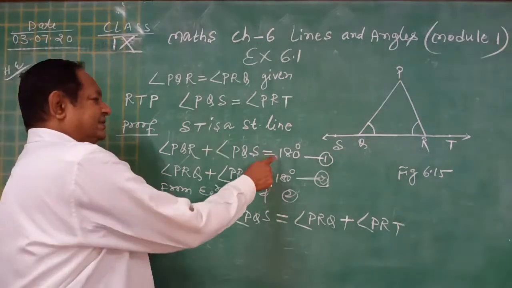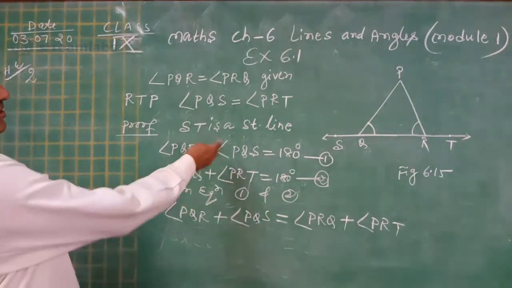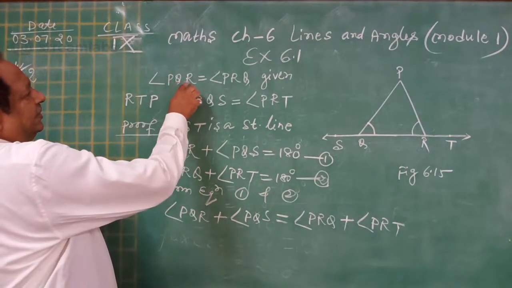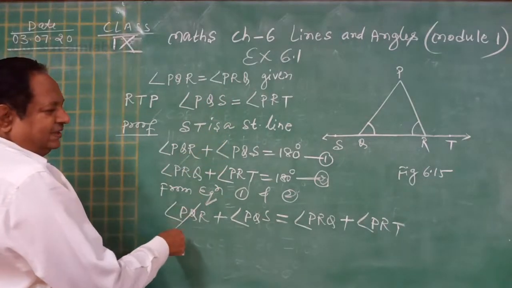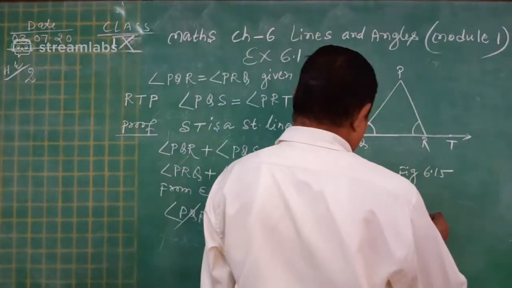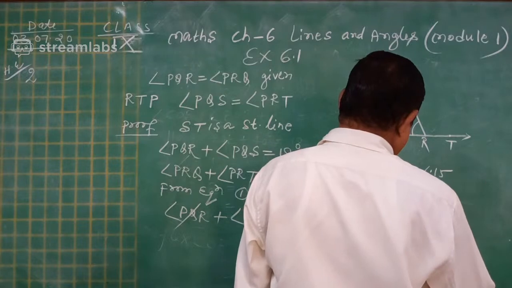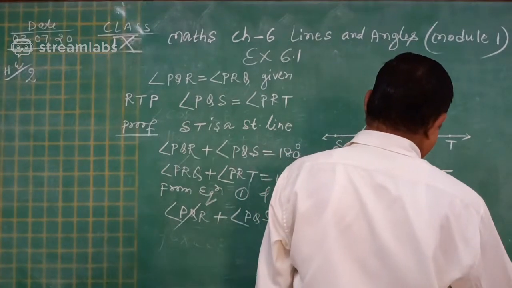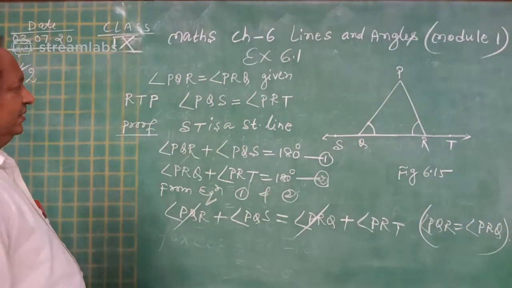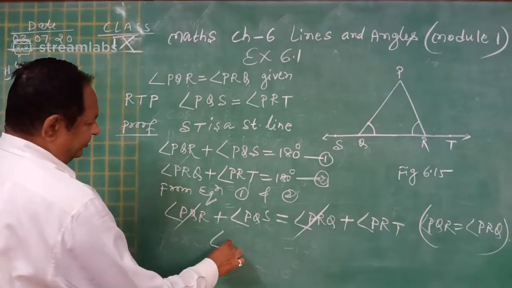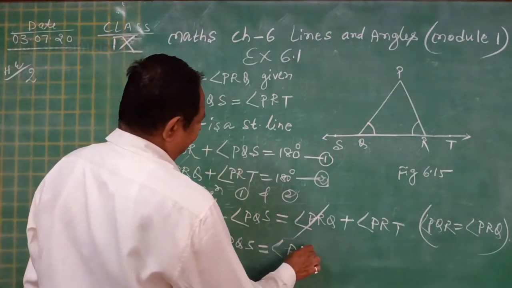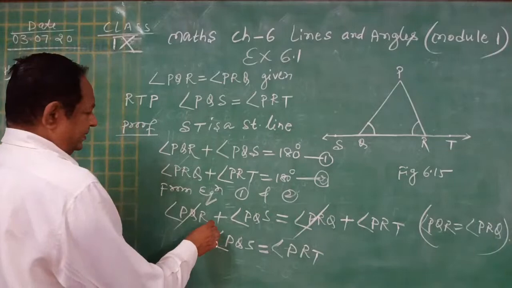Now angles PQR and PRQ are given equal. So cancelling both sides, we have angle PQS is equal to angle PRT. Hence proved.